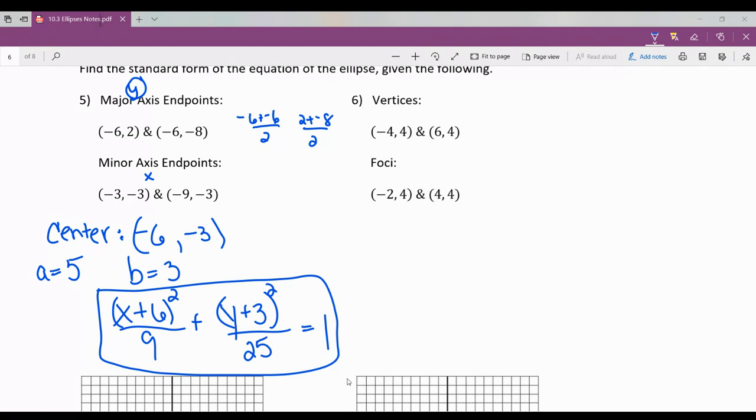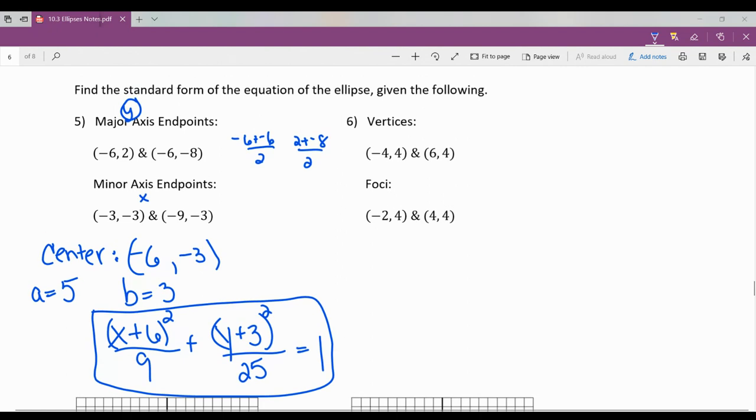For the next one, my vertices are the endpoints of my major. So these two things are the same thing. I just gave you two different ways of presenting it. The major axis endpoints and the vertices are used interchangeably. So we've got the vertices given, or the endpoints of the major, and my foci is given.